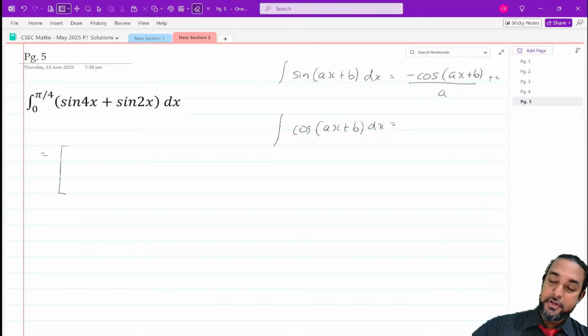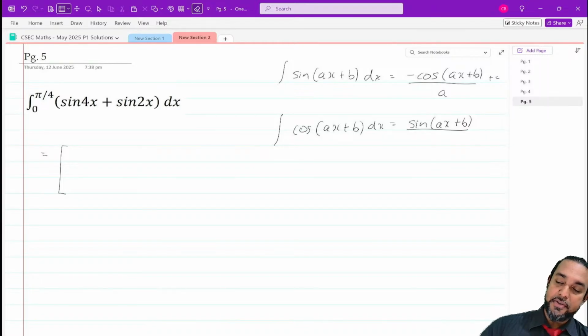If we integrate cos, we get sine(ax + b), and then we have to divide by the derivative of the inside, which is a. That's how we got the a here. Sorry, I didn't say that explicitly. So we integrate the function, and because there is a function inside, you have to differentiate that and then divide by that derivative.